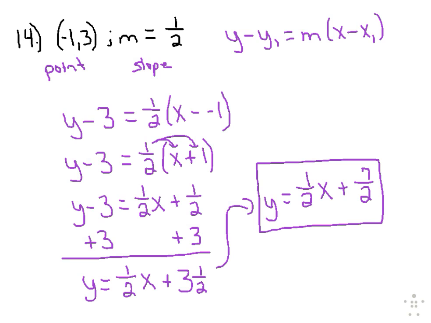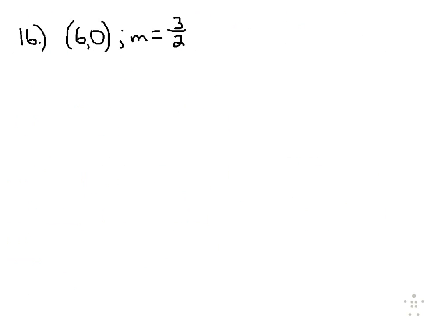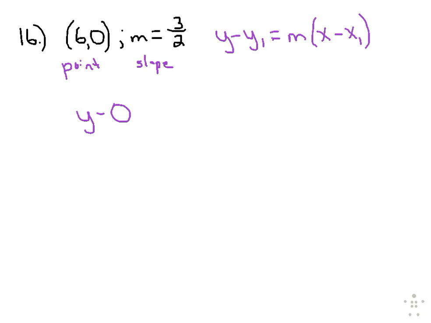Moving on to question number 16. Get to use our method of choice, and again I see a point and I see a slope. So I'm immediately going to think point-slope form: y minus y1 is equal to m times x minus x1. And I just plug things in. So y minus 0 is equal to m, so it's 3/2, times x minus 6.